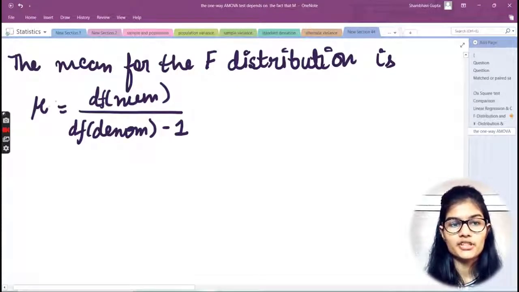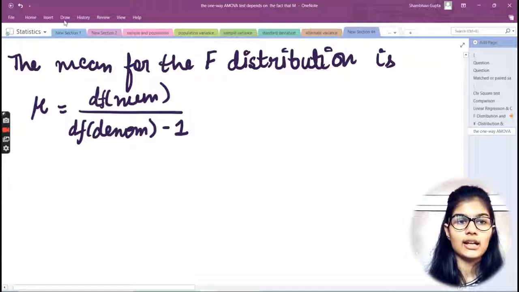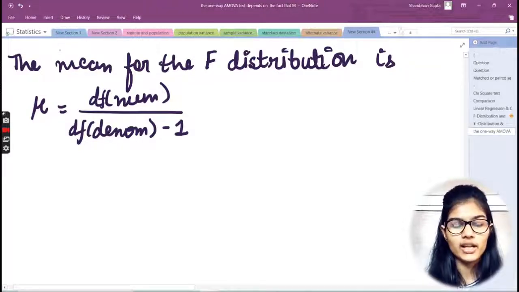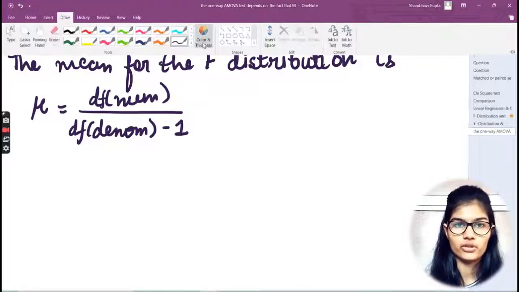Again I would repeat it: mu is equal to degree of freedom numerator divided by degree of freedom denominator minus 1.